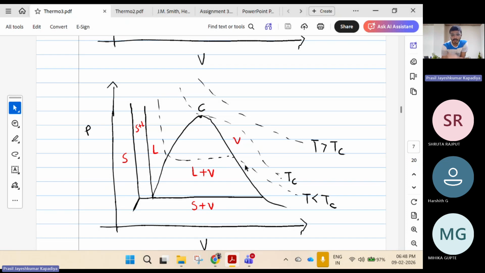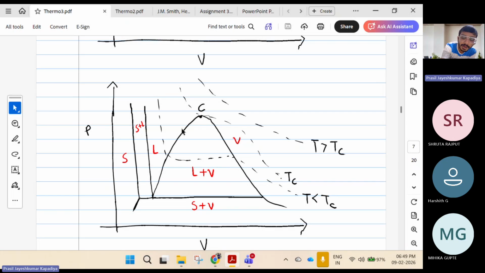You can see that as I am increasing temperature from here to here, the size of this dome is continuously reducing with the increase in temperature. There will be many more lines. I have not shown them, but I can add them if possible.